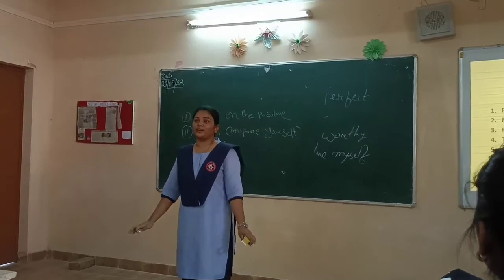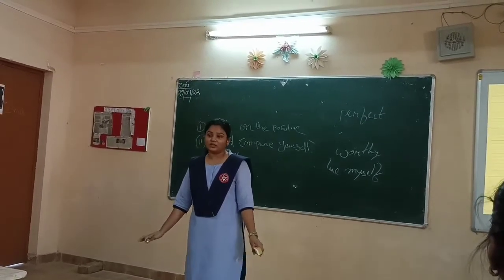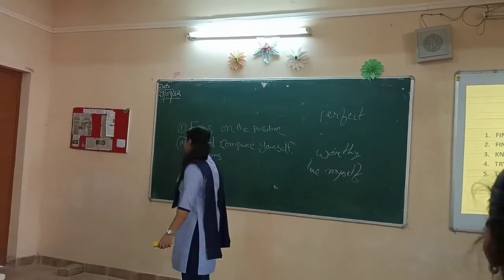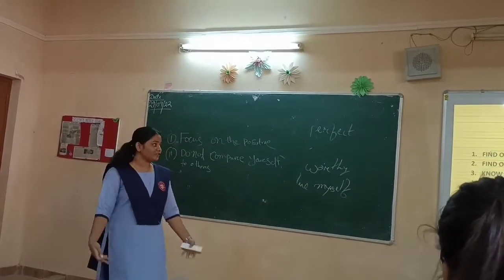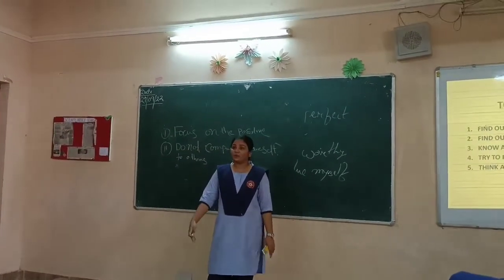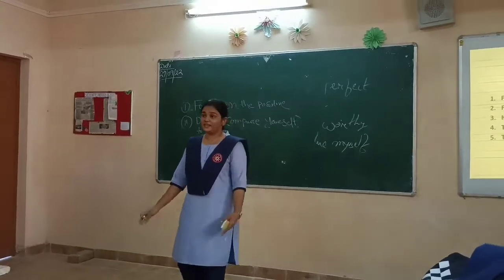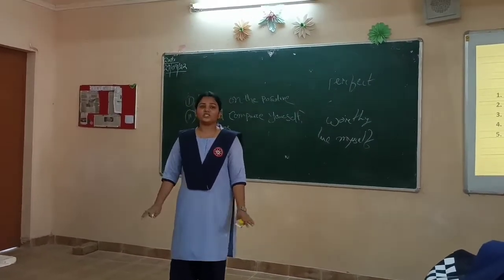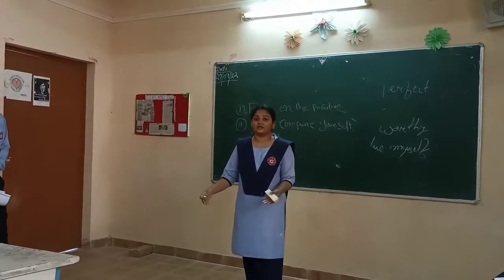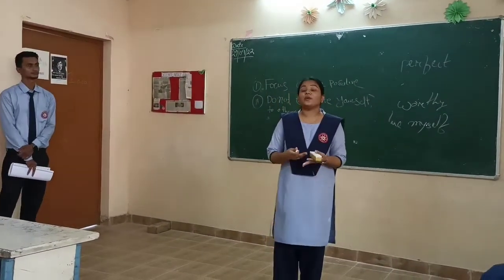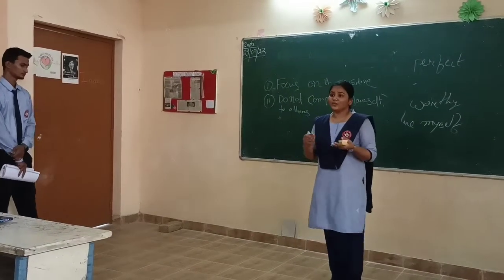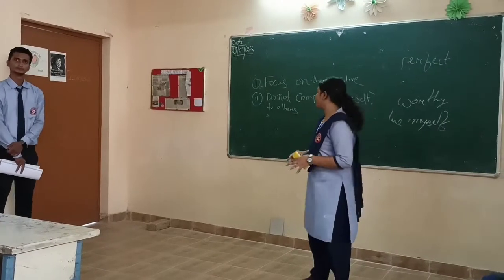Comparing yourself will lead you to depression sometimes, and it will never be helpful for you to develop your self-esteem. So never ever compare yourself to others. For example, if someone is good at studying and you are not, don't just be jealous of that person. Try to find out what you are good at. Maybe you are good at playing football, maybe you are good at singing. So you are unique too. So just believe in yourself.